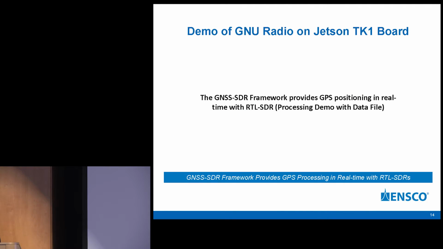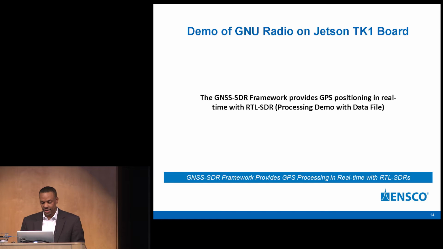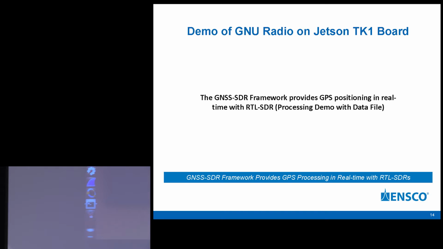So I want to show you a demo real quick of actually how quickly GNU radio is able to process a snapshot of data. All right, and so this is, again, the GNSS framework, and the GNSS framework is based on GNU radio, and it allows you to add in your own modules, pretty much via the C++ framework.